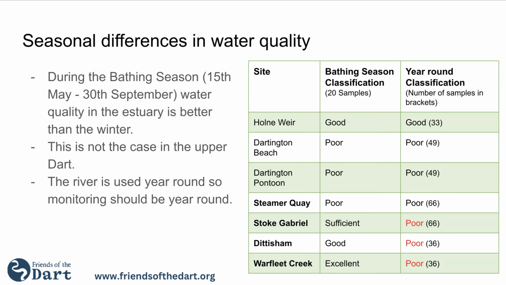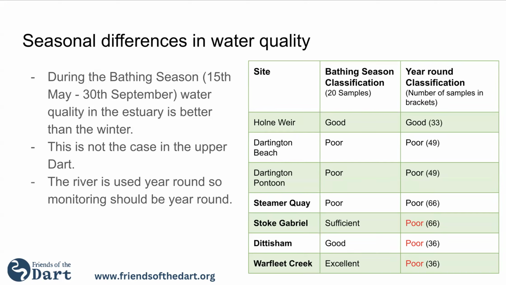Basically you get a numeric score that assigns whether the water quality is excellent, good, sufficient, or poor. In our upstream sites, you can see that the water quality year round has been the same. There's not been a huge amount of difference. However, in the estuary, it's a very different picture.